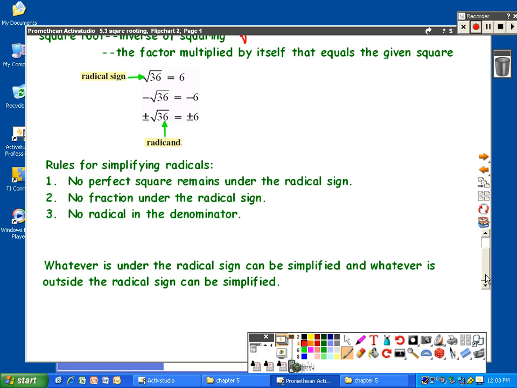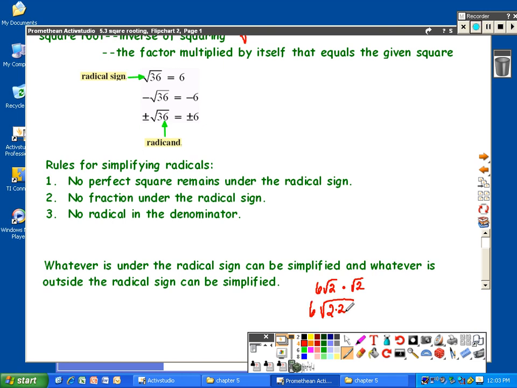Whatever is under the radical sign can be simplified, and what is outside the radical sign can be simplified. In other words, if I have 6 square roots of 2 times the square root of 2, the 6 is outside and the 2's are both inside, so I can simplify it by taking inside together and outside together.